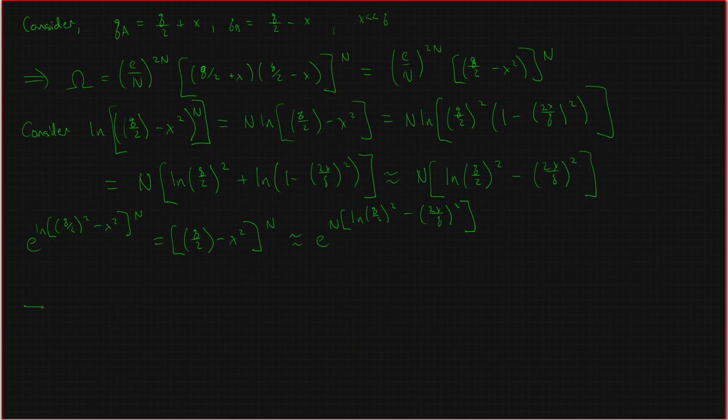Okay. Now, writing out the multiplicity all over again, we have (e/n) to the 2n, e to the n, and then times this quantity that we just figured out, minus (2x/q)².